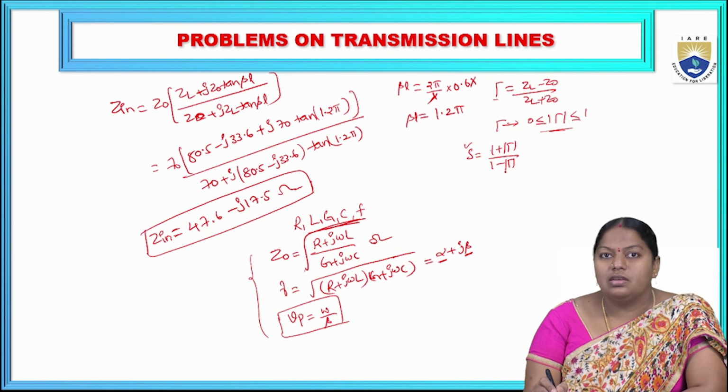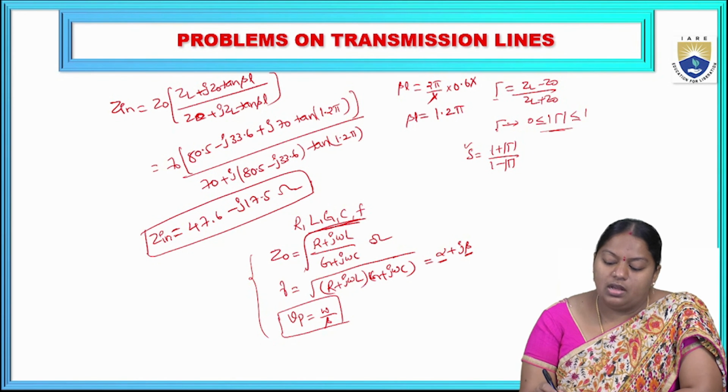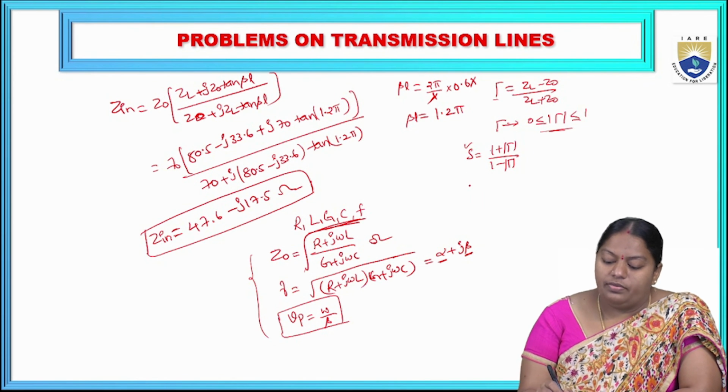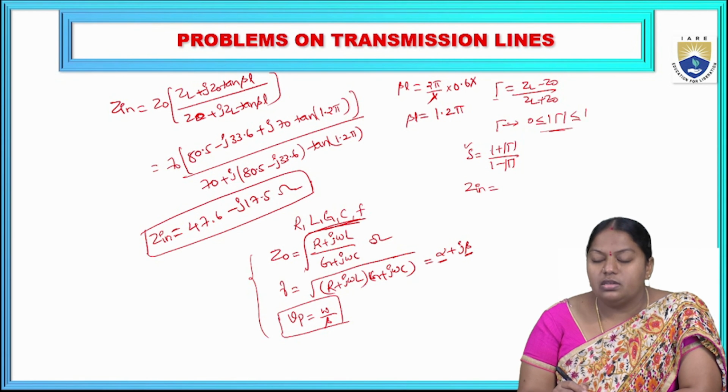So similarly, after this reflection coefficient gamma and the S value, we will evaluate the input impedance of a lossless transmission line.